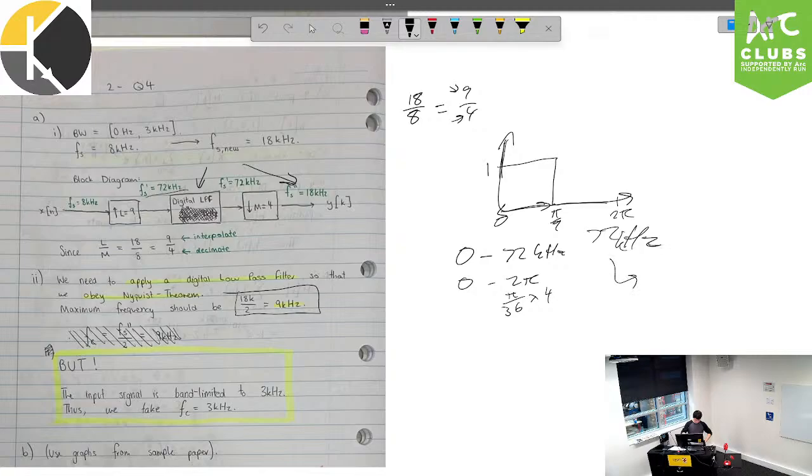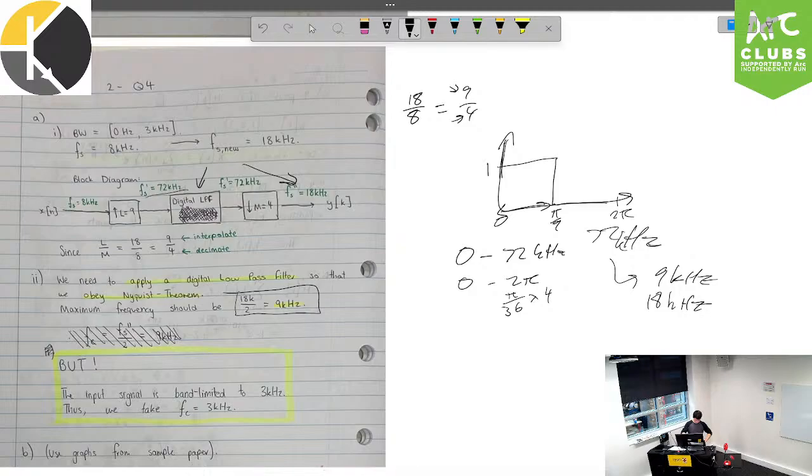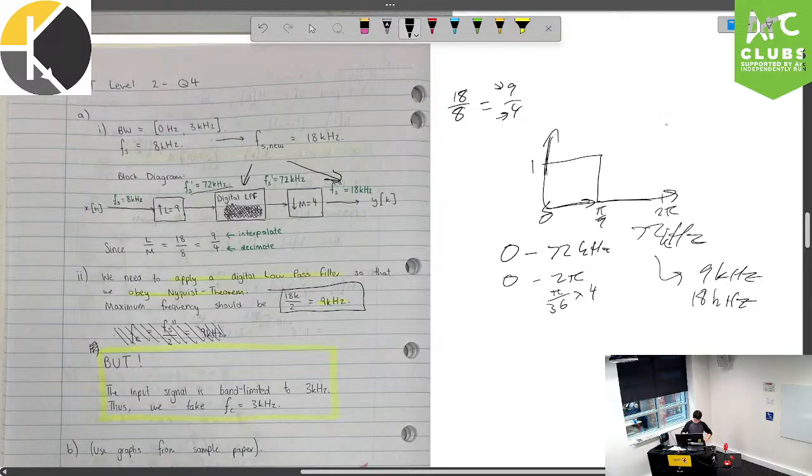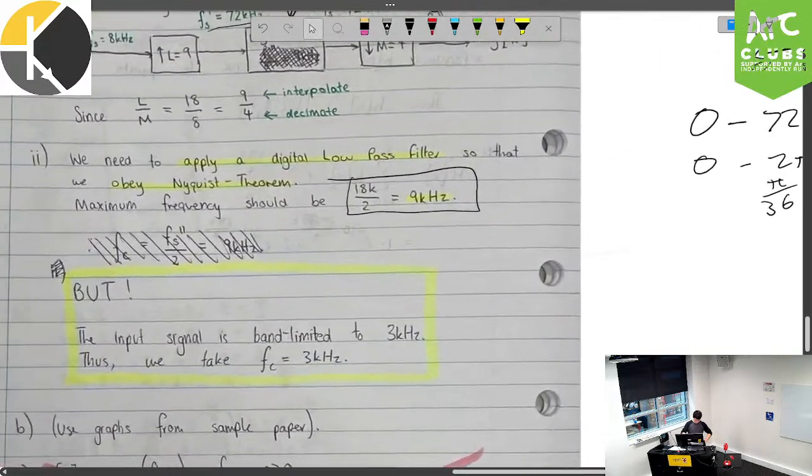And that translates nicely down to the 9 kilohertz region within 18 kilohertz. So that's the reason we would have passed that through there. So just something we could have noted. All right. Yep. So we still only use that, but there's a special thing.